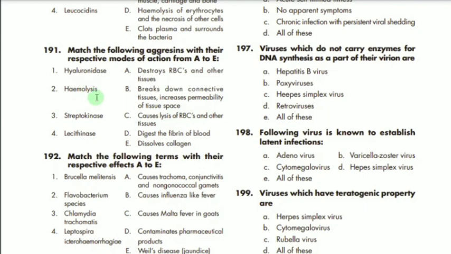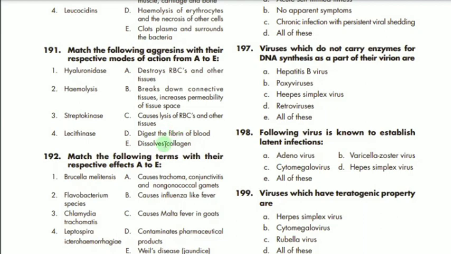The correct option for hemolysin is that it destroys RBCs and other tissue. Then we have streptokinase. Streptokinase mostly digests the fibrin of the blood clot. Lecithinase. This lecithinase causes RBC lysis and damage to other tissues.